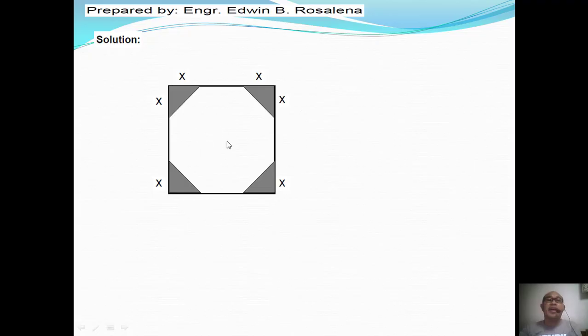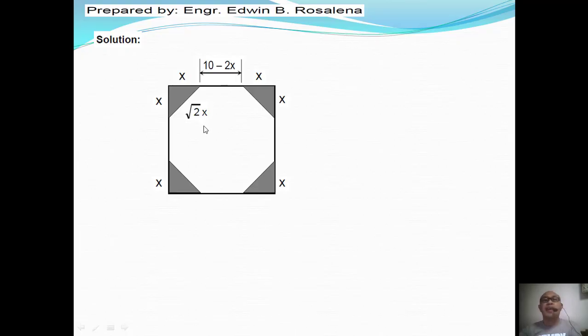So what is the area of the octagon? Okay. So this is x, this is x. The total length here is 10, so this length here is 10 minus 2x.